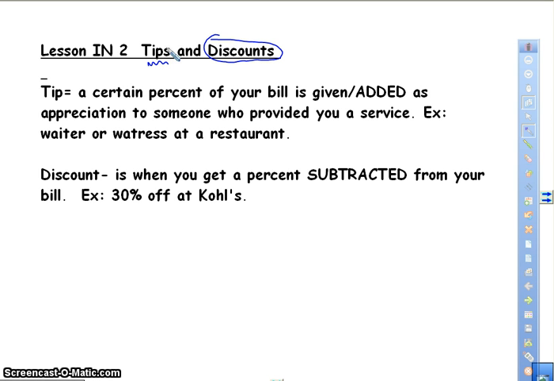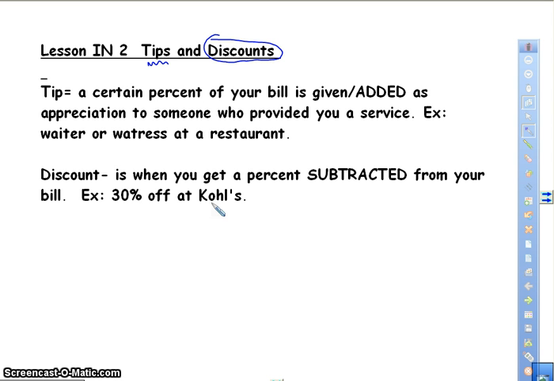A tip is a certain percent of your bill that is given or added as appreciation to someone who provided you a service. For example, a waiter or waitress, or someone who cuts your hair, you usually give a tip to. A discount is when you get a percent subtracted from your bill, like getting 30% off at Kohl's with a coupon.